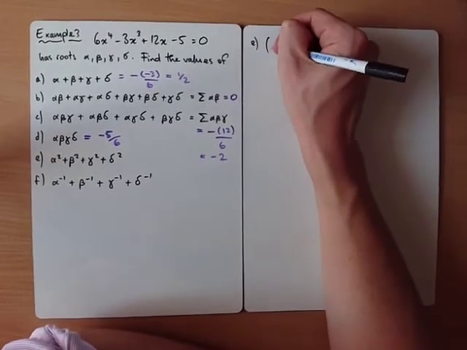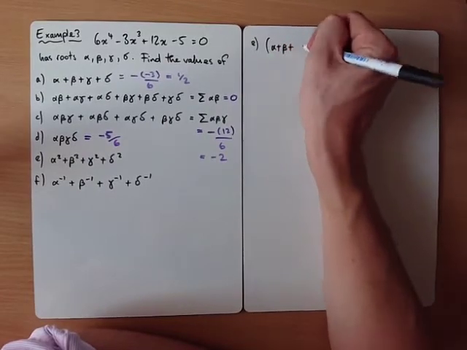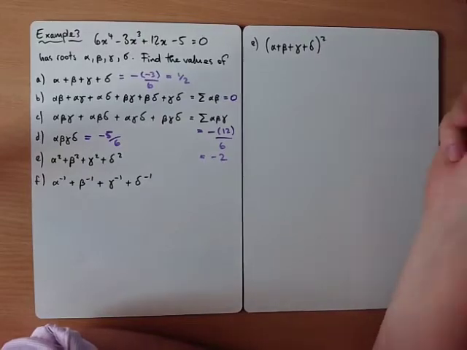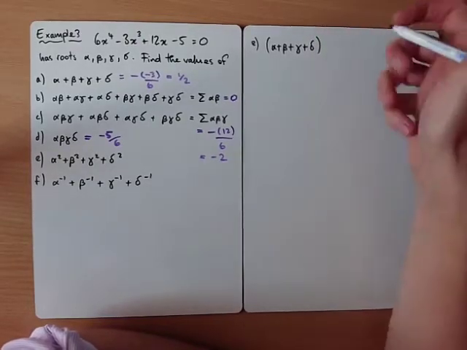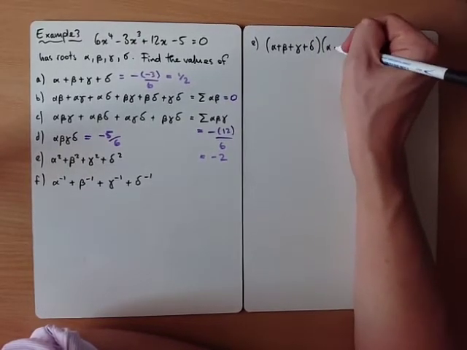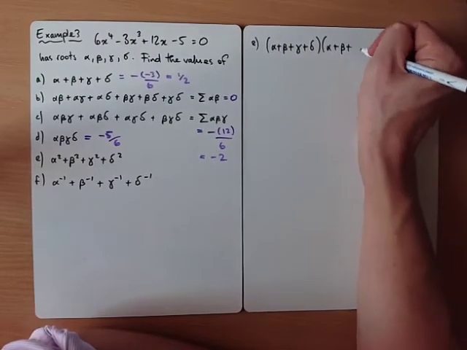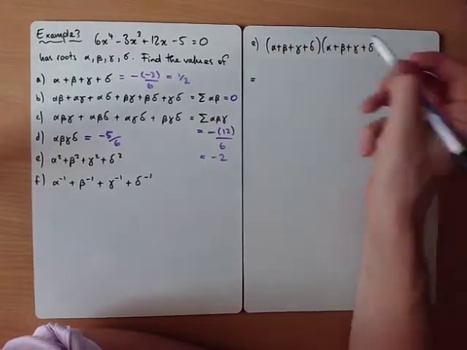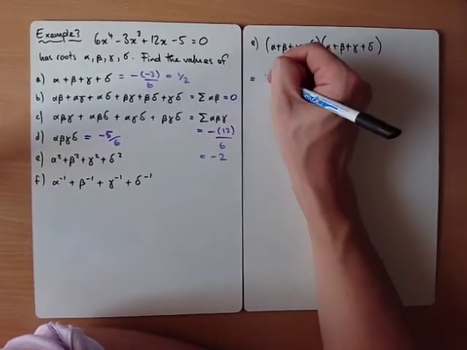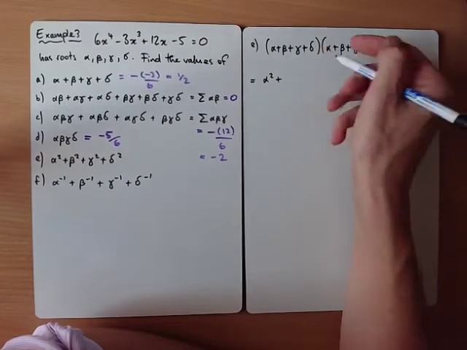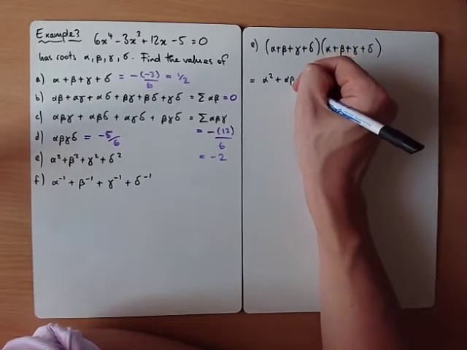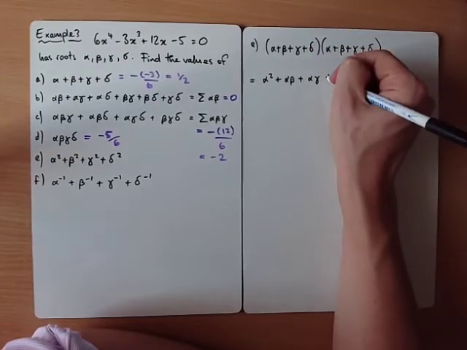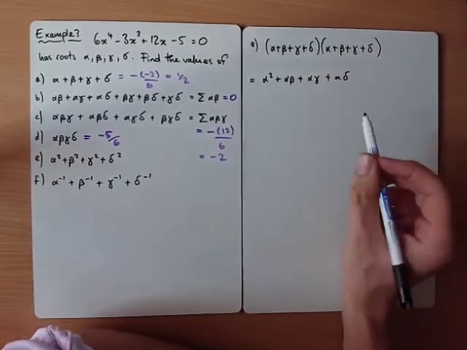So if we expand alpha plus beta plus gamma plus delta squared, I'm going to write it as 2 brackets multiplied. As we expand all this out, we're going to get alpha squared plus alpha beta plus alpha gamma plus alpha delta.